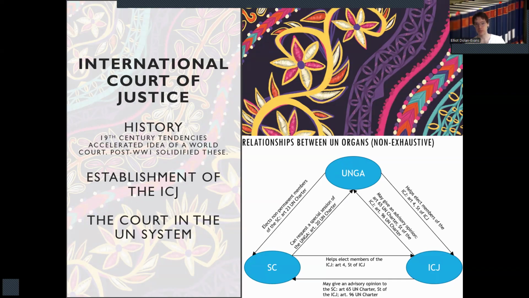So theorists such as Pierre Dubois, Jeremy Bentham, and Immanuel Kant, among many others, anticipated this kind of European or global federation where there would be a judicial branch or some kind of system of arbitration which should settle disputes that had some kind of legal nature or other complexity.